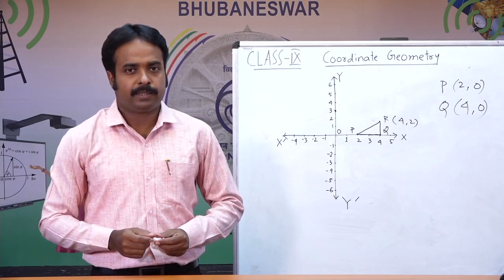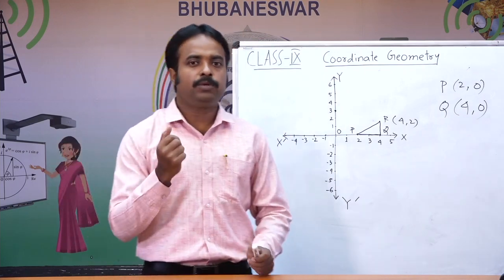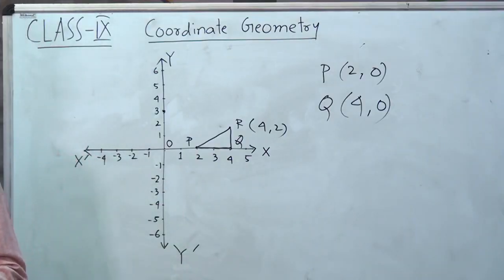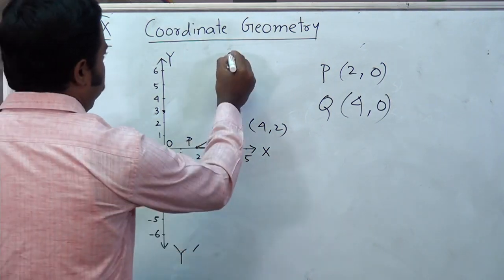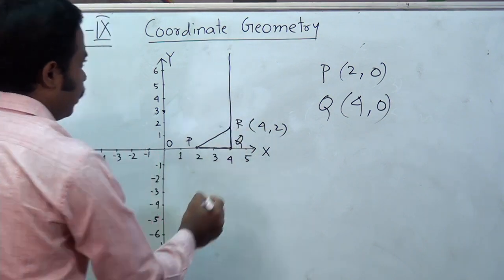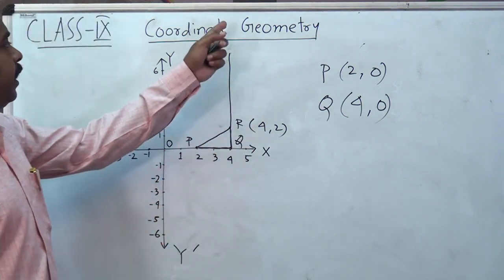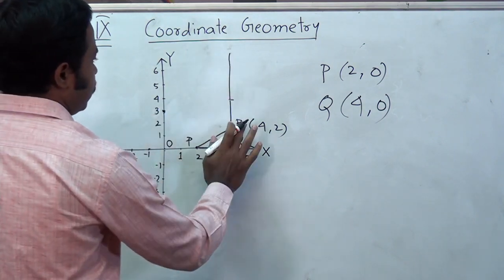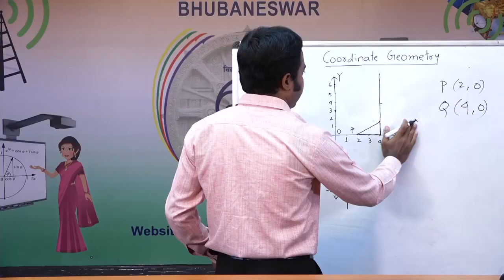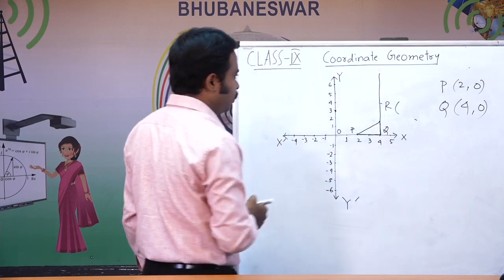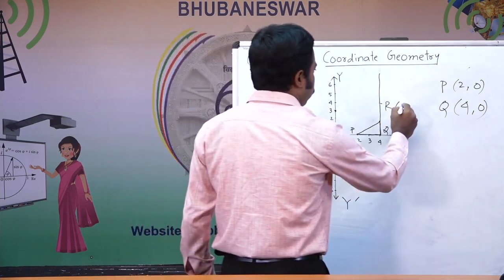But it is very clear to you that this R is not unique. Instead of this R, you may take any point on this line. If you take R as this, what are the coordinates of this point R? 4, 4.